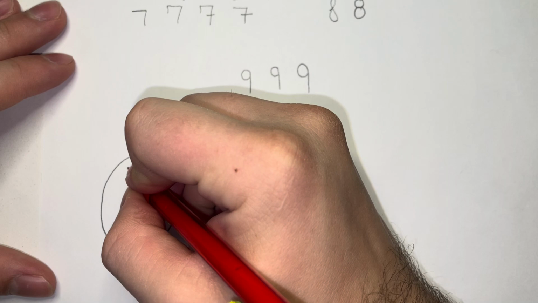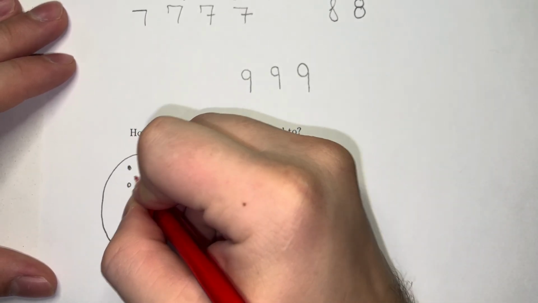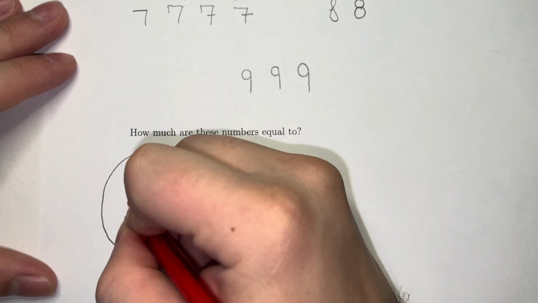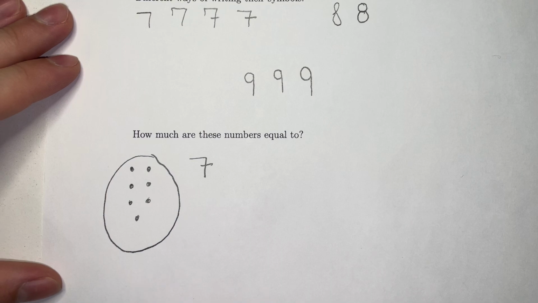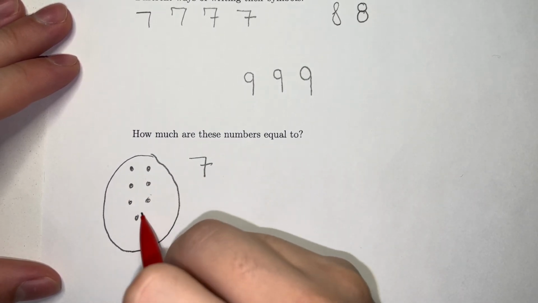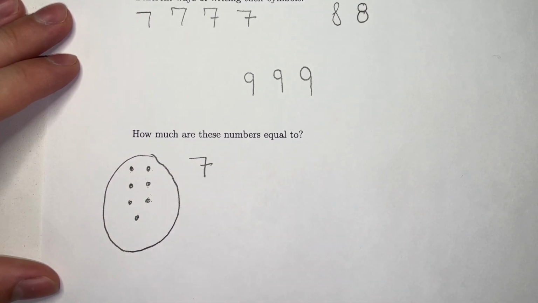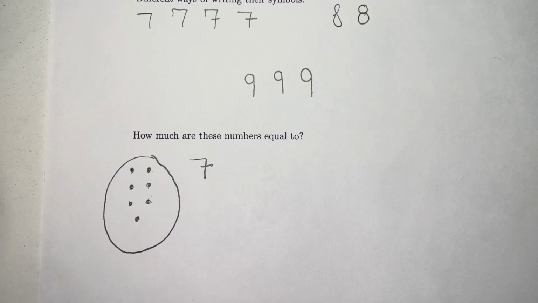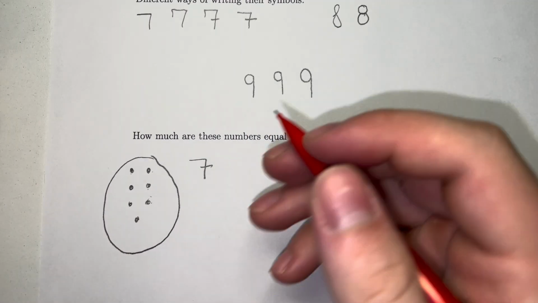So 1, 2, 3, 4, 5, 6, 7. So here we see that we have 3 pairs and a single, or 1, 2, 3, 4, 5, 6, 7. And that's how many items are in our number 7.